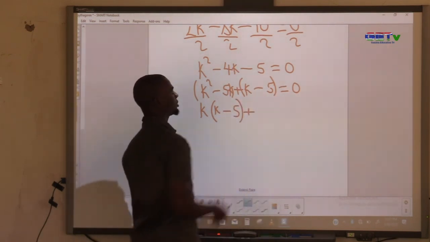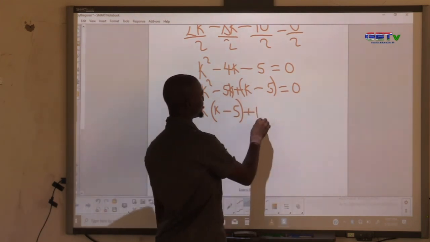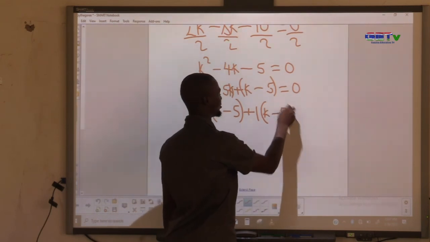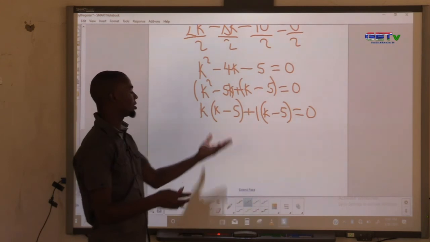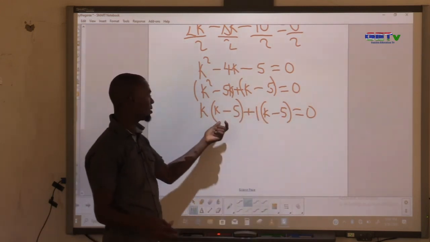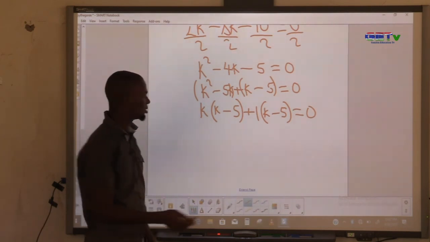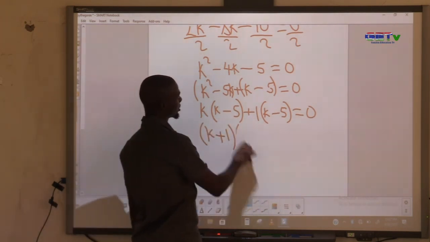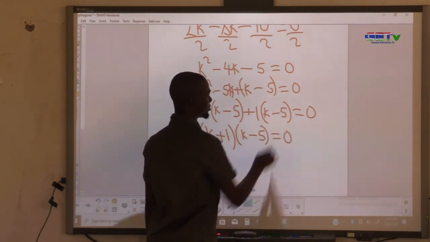What is the common factor here? There's no common factor, so the common factor is 1. So we have plus 1 times k minus 5 is equal to 0. K minus 5 is one factor and k plus 1 is another factor. The ones outside, that is k plus 1, and k minus 5 is equal to 0.